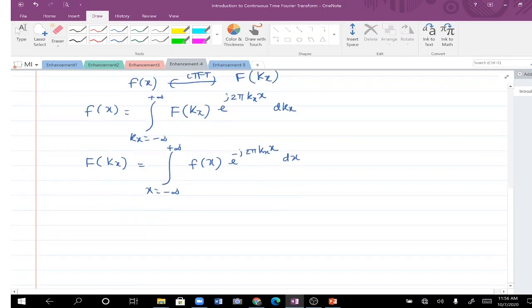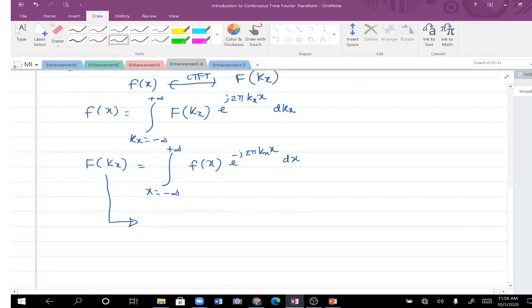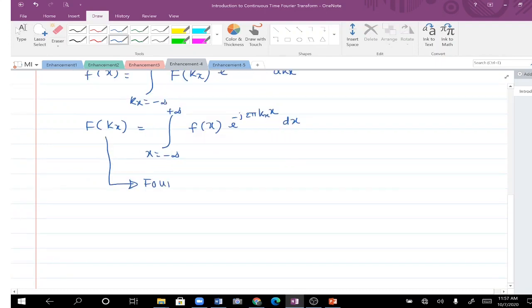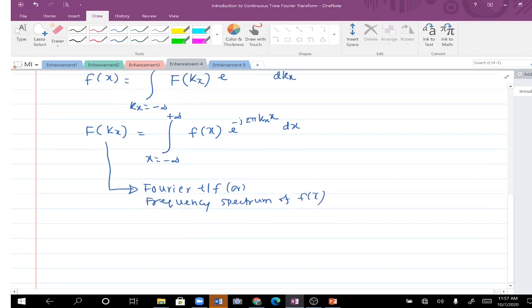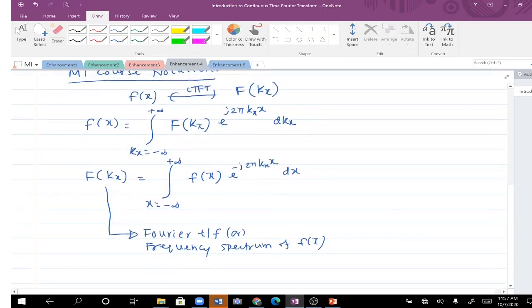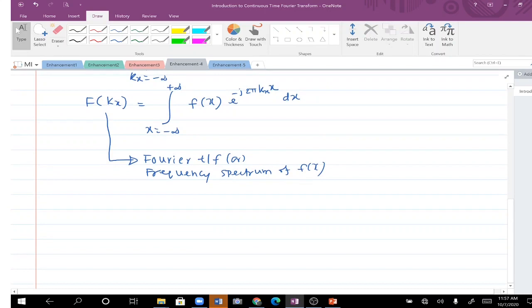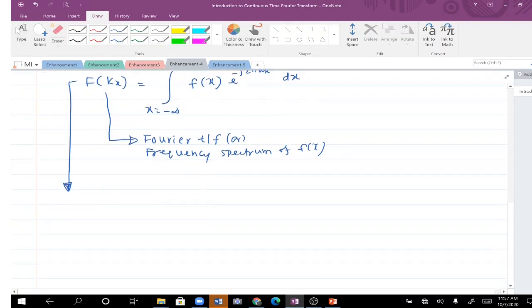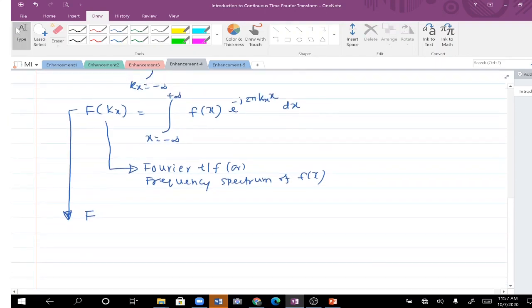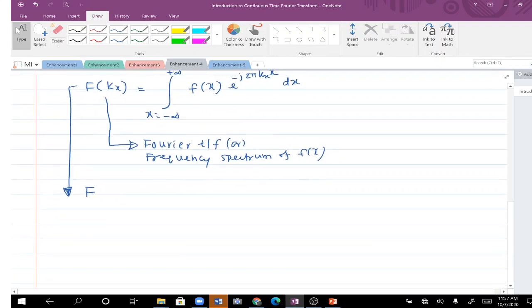Now you all know that F(kx) is quite commonly called the Fourier transform, or you also call it the frequency spectrum of f(x). To understand the properties that we are going to analyze shortly, you could write this complex exponential in terms of real and imaginary parts also. So just let us write that here. All you need to do is write e^(-j2π kx x) as cos minus j sine and expand that. What will that give you?